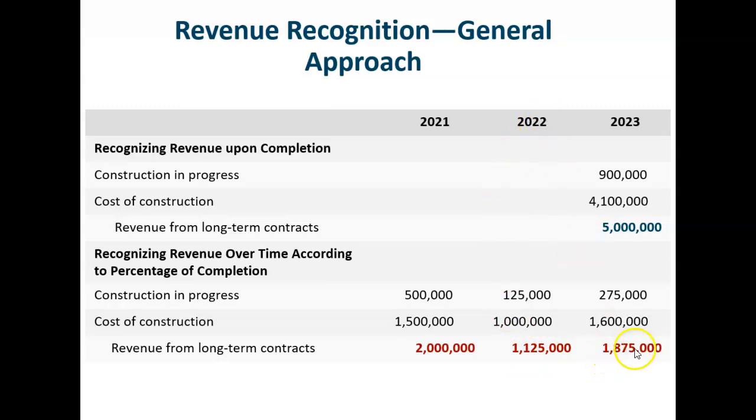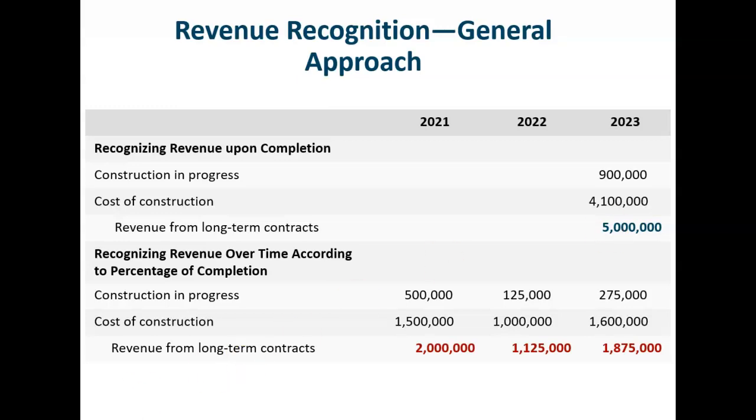Plus $1,875,000 of revenue recognized in 2023 equals the $5 million of revenue for the entire contract. And if we were recording the revenue upon completion of the contract, we wouldn't record amounts in each year. We would simply wait and record the same $5 million when the construction contract was complete.